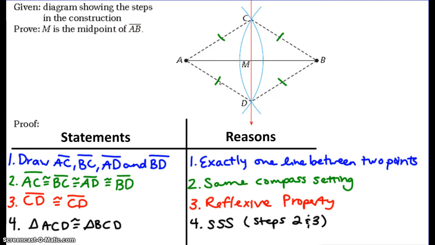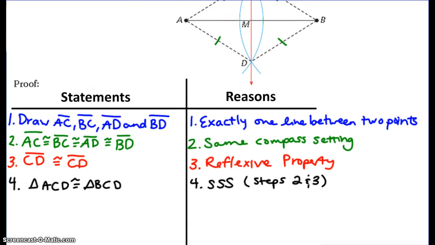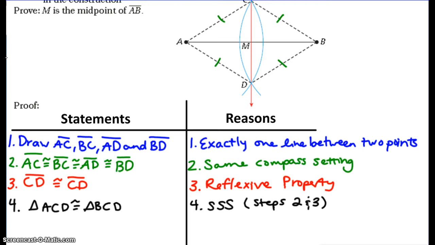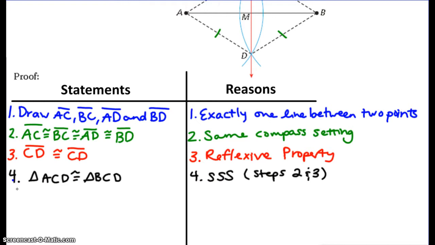Now, why did we prove those two triangles congruent? The reason is because I want to show that angle ACD and angle BCD are congruent. I can say that is true because corresponding parts of congruent triangles must be congruent. So angle ACD is congruent to angle BCD by corresponding parts of congruent triangles are congruent.